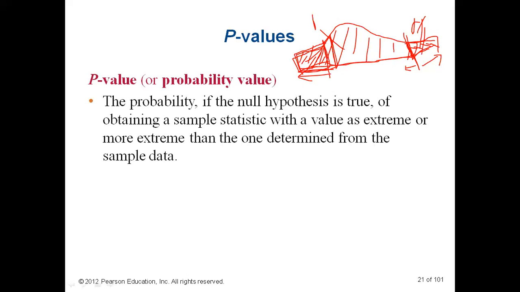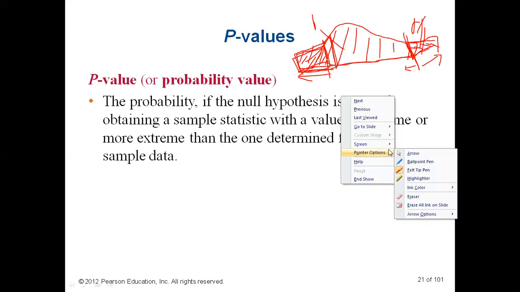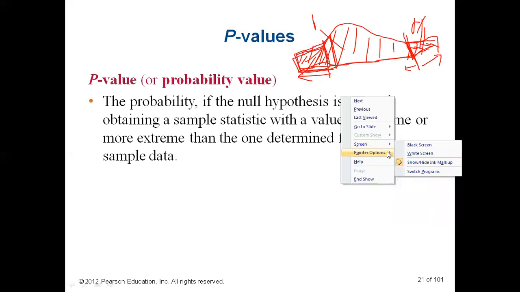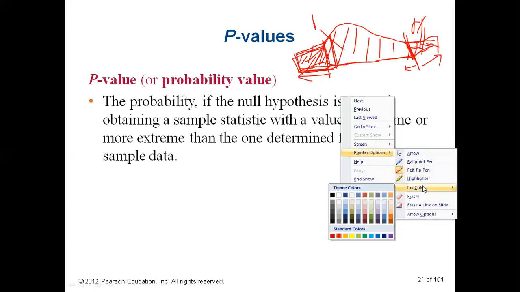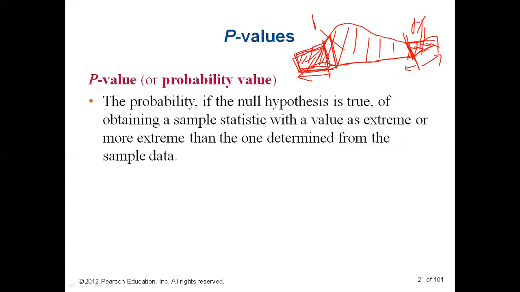Suppose this is your threshold, and this area represents alpha, and your p value is this area.